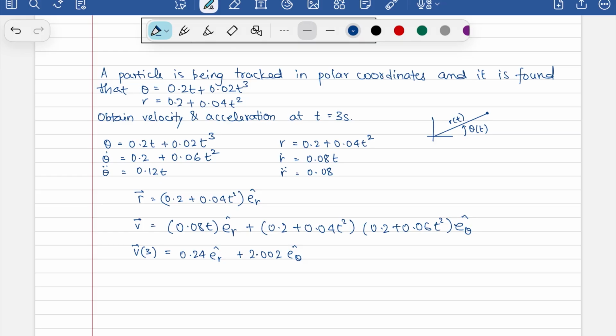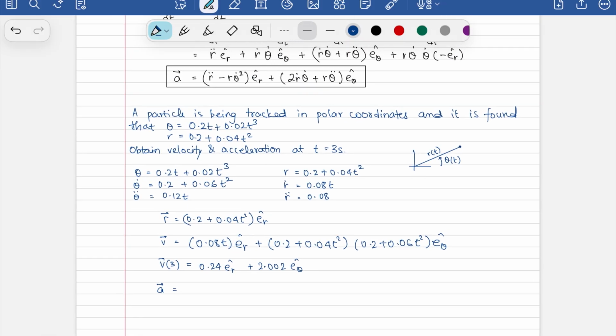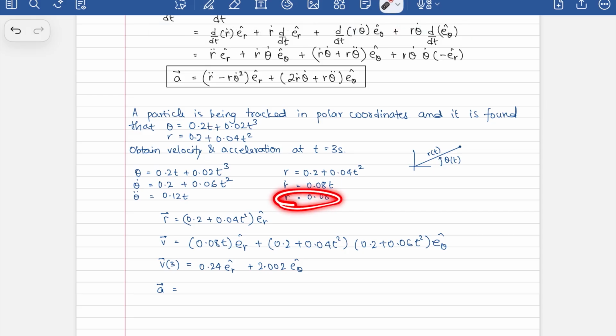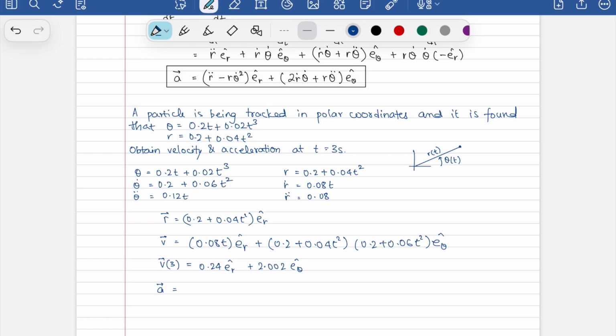Okay, what about acceleration? It's just a matter of substituting this for r double dot and all the other components.